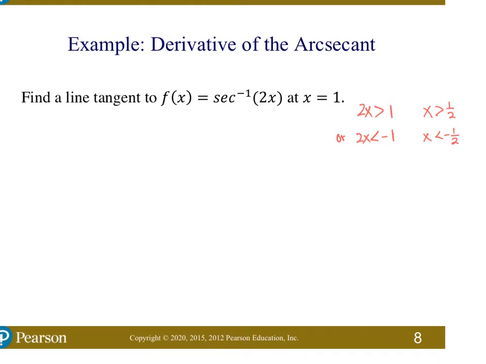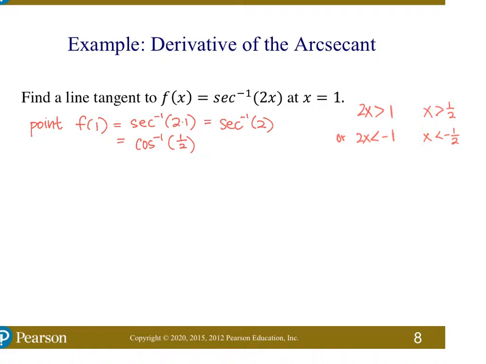So to find a tangent line, we need a point and we need a slope. And so we need to figure out what f of 1 is. So we're looking at the inverse secant of 2 times 1, or the inverse secant of 2, which is equivalent to the inverse cosine of the fraction 1/2.